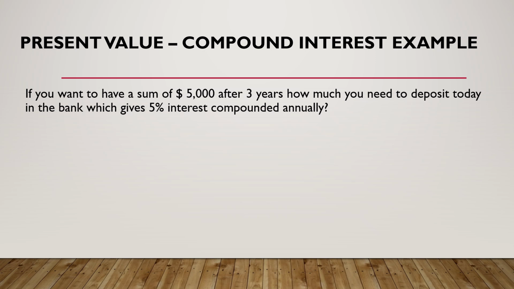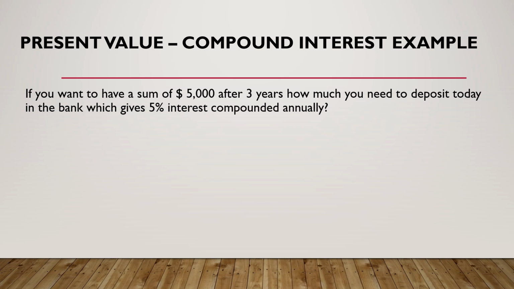Okay, always remember, if the interest is compounded annually, meaning one time in a year, our n will be 1. If it is compounded semi-annually, half yearly, meaning 2 times in a year, my n will be 2. If it is compounded quarterly, meaning after every 3 months, so in 1 year it will be compounded 4 times, n will be 4.